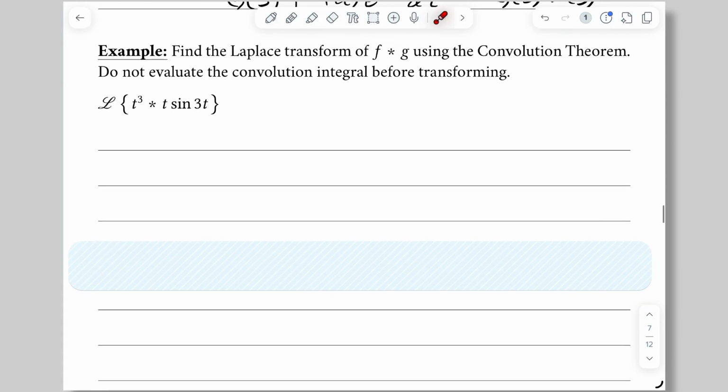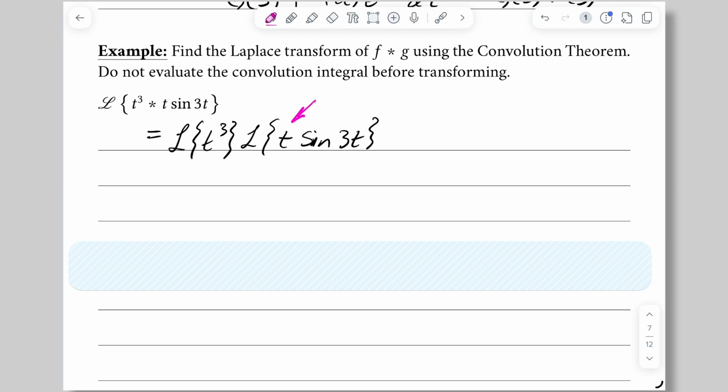And now we're going to put this into action. Find the Laplace transform of the convolution of t cubed and t times the sine of 3t. According to what we just saw, this is the transform of t cubed times the transform of t times the sine of 3t.